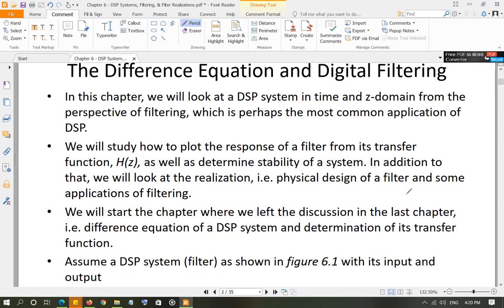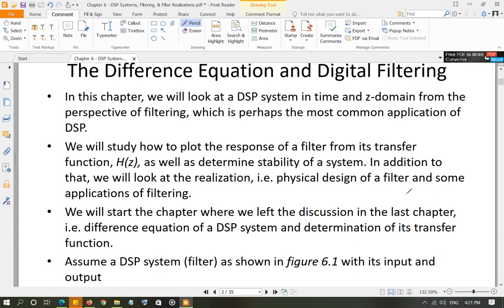As we discussed in different chapters and in the last chapter as well, when you have a DSP system, and in this chapter as we are discussing filters, the system is going to represent a filter. Like any other DSP system, a DSP filter is represented by a difference equation in the time domain, in the n domain.